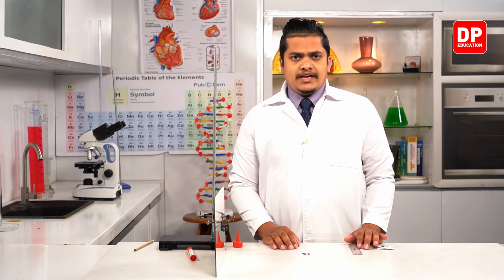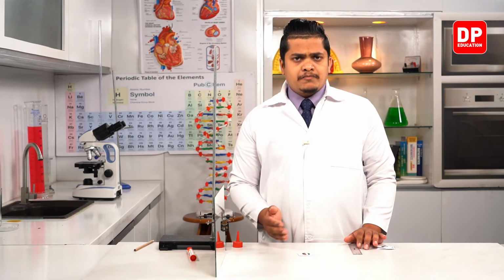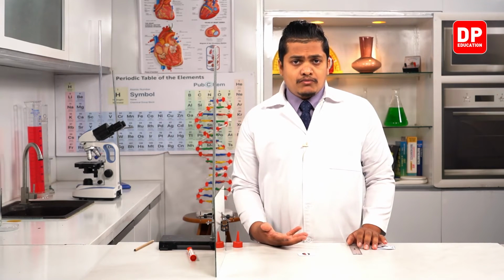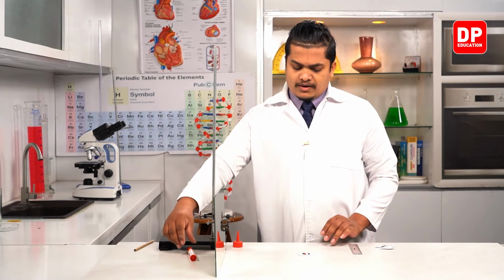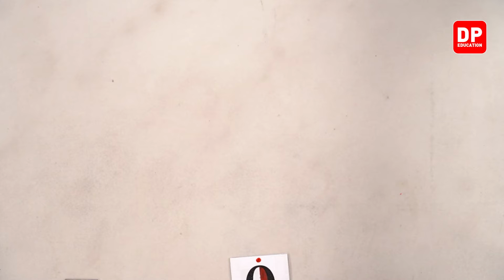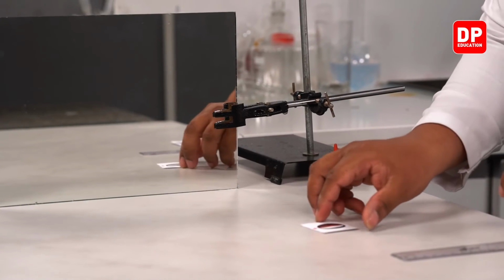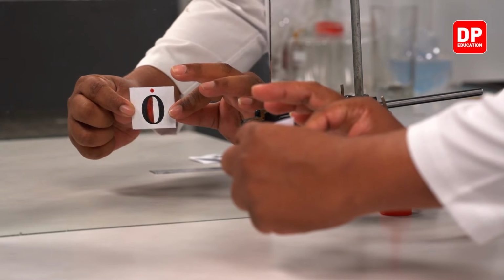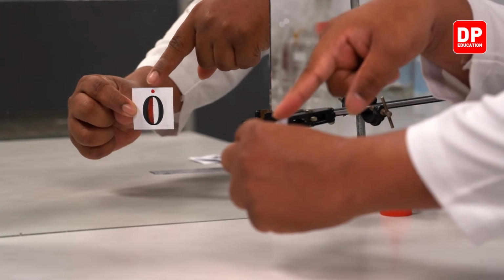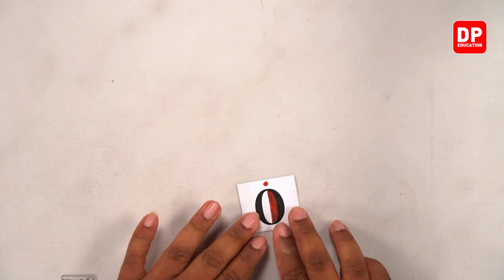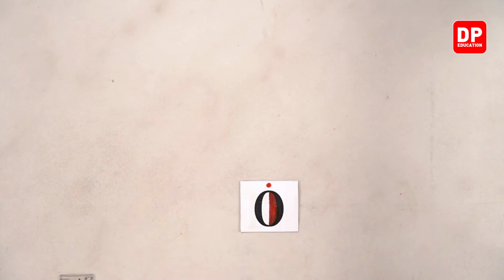So let's see whether the image is getting upside down or not. That means if the image is getting inverted or not. In order to observe that, once again I'll mark a dot at the top of the letter O. Now let's observe. As you can see here, there is no change. On the top you can observe the dot. When I keep it like this, you can observe at the top there is a dot.